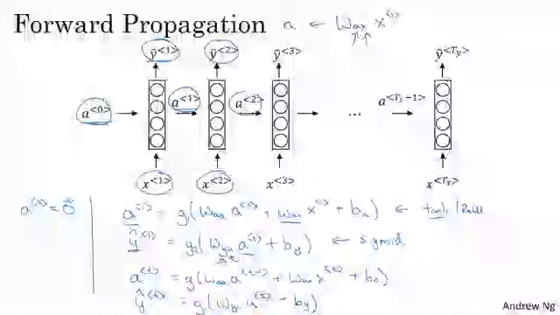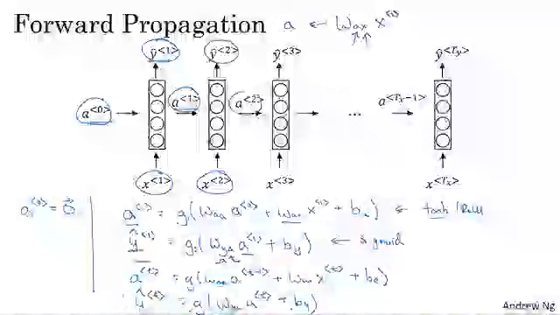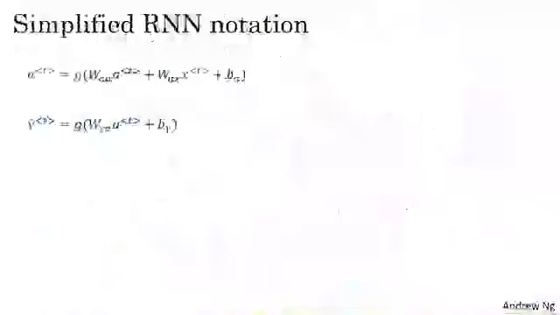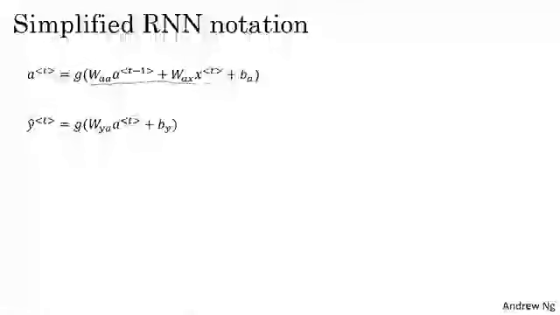Now, in order to help us develop the more complex neural networks, I'm actually going to take this notation and simplify it a little bit. So let me copy these two equations to the next slide. Right, here they are. And to simplify the notation a bit, I'm going to write this in a slightly simpler way.